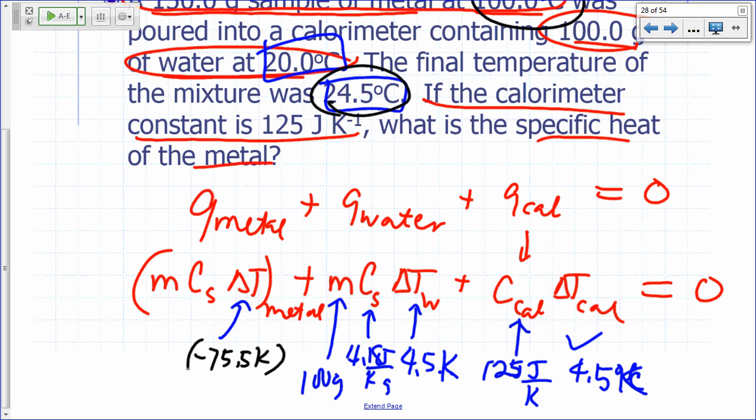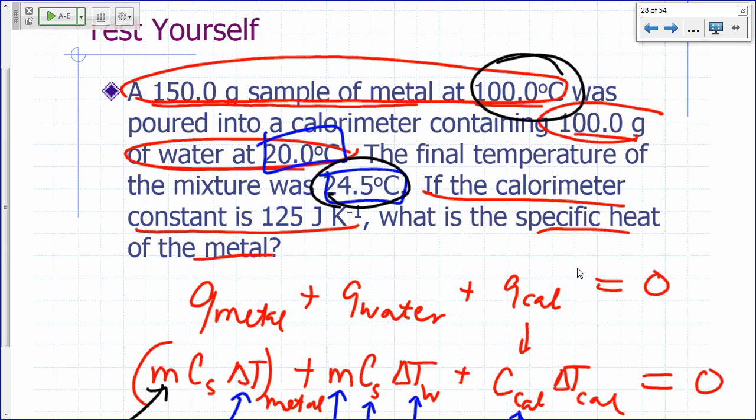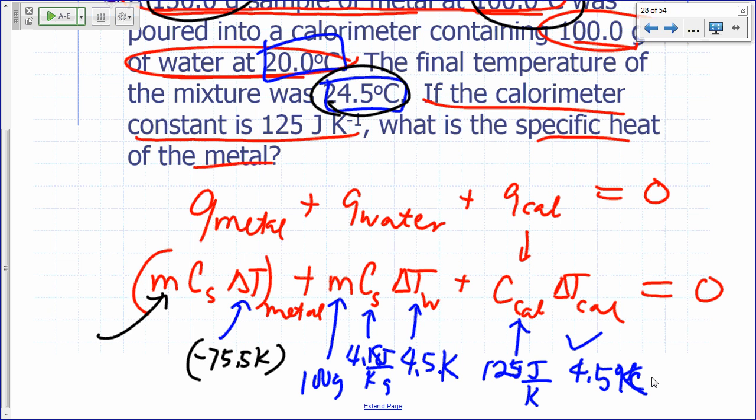Do you know the mass of the metal? 150 grams. So what's the only unknown here? Specific heat of the metal. You have all the information you need to solve for it. I'm not going to go into the details of that calculation; you should be able to work it out.